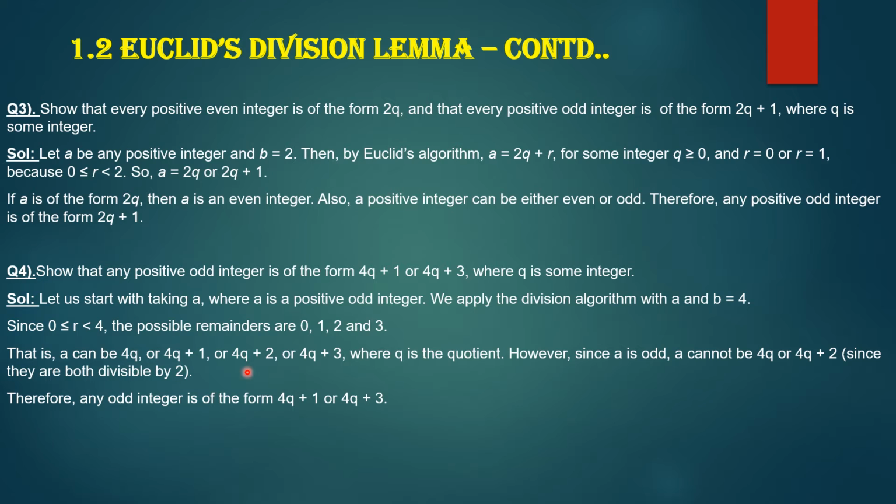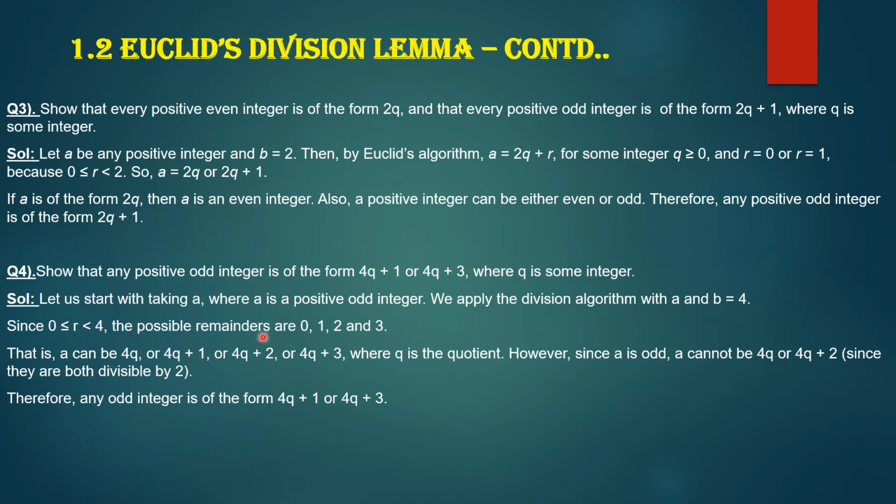So we got 4 values of a, where q is the quotient and r is the remainder, for which we have already defined the value. However, since a is odd, a cannot be 4q plus 2. Okay, so in this question, basically we were supposed to prove that a positive odd integer is 4q plus 1 or 4q plus 3.